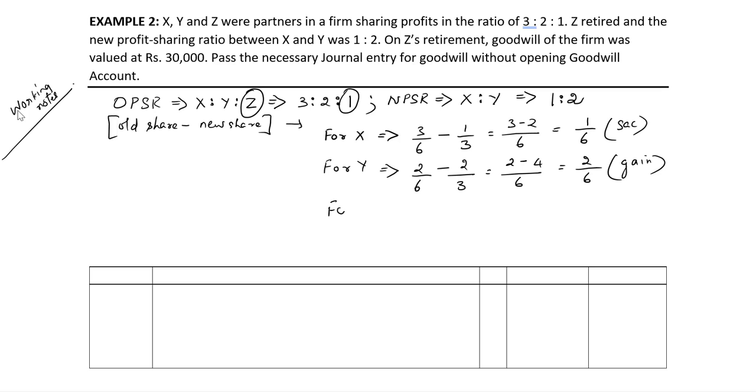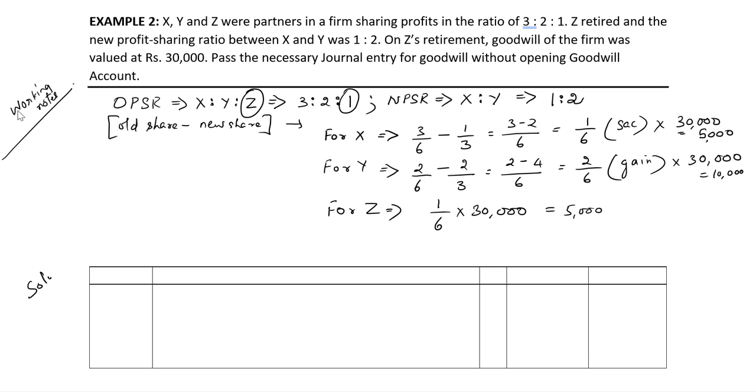Z, being the retiring partner, sacrifices 1/6. We need to multiply these amounts with the goodwill of the firm. So it's 5,000, 10,000 and 5,000 rupees. So let's go ahead with the solution.